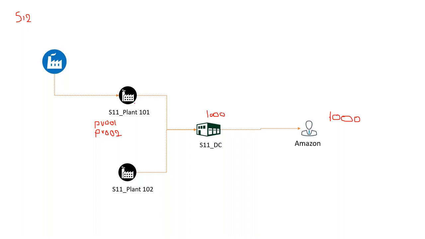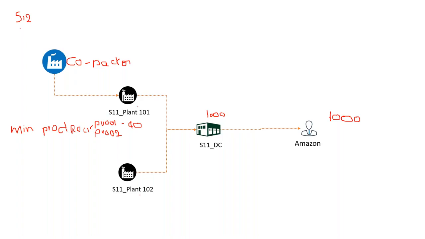And now the optimizer either produces from plant 1 or plant 2, or you have a co-packer here, or it does something from the co-packer as per the costs that you maintain, capacities available, etc. But now if you maintain that my minimum production receipts for PV001 is, let's say, 90, the system would do a minimum of 90 on this particular production version in this plant for this product.